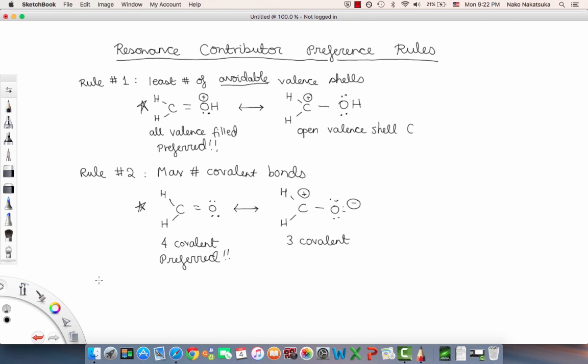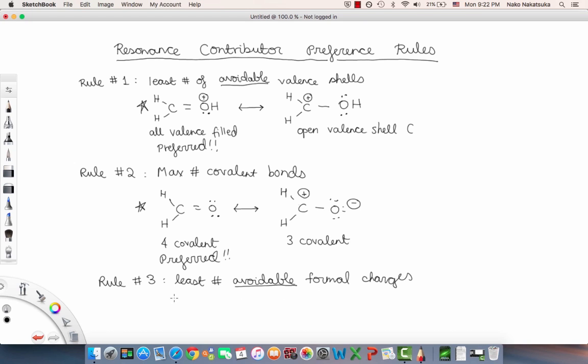So now moving on to rule number 3. Rule number 3 says the most significant contributor has the least number of avoidable formal charges. So least number of avoidable formal charges. Again, we keep using this term avoidable because in some cases it is not avoidable, in which case you have to check out some of the other rules.